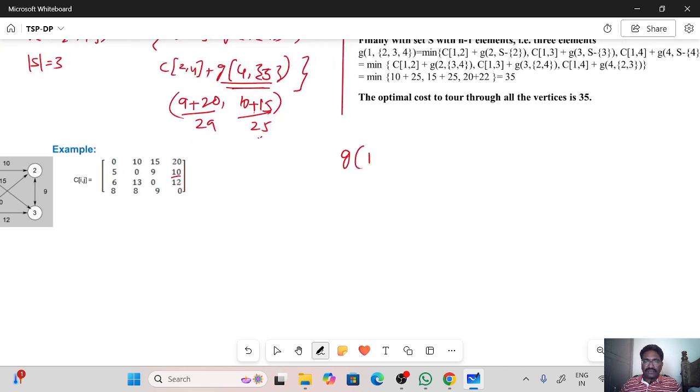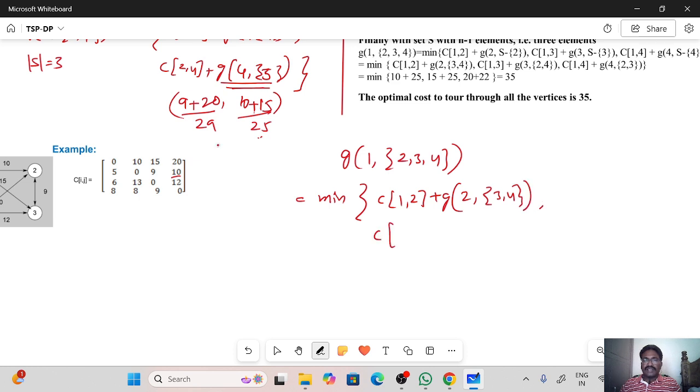The last one is g of 1 with the set {2, 3, 4}, which is the minimum of: cost of 1 to the first element 2, plus g of 2 with the other elements in the set, {3, 4}; comma, c of 1 3 plus g of 3, which vertex you visited, with the other elements {2, 4}; comma, and one more possibility, 1 with 4, cost of 1 4 plus g of 4 with the set {2, 3}.